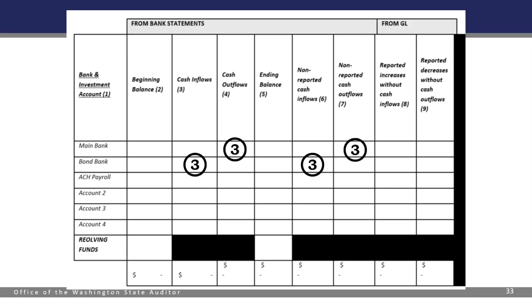We have cash outflows in column 4 from our main bank account to our bond bank account as a cash inflow in column 3. Neither of those outflows or inflows get reported as revenues and expenditures, so we remove them by placing those amounts also in columns 6 and 7. Essentially, what's shown here on the Schedule 6 is a complete netting of that activity, because really it did not have any effect on our bank statements.